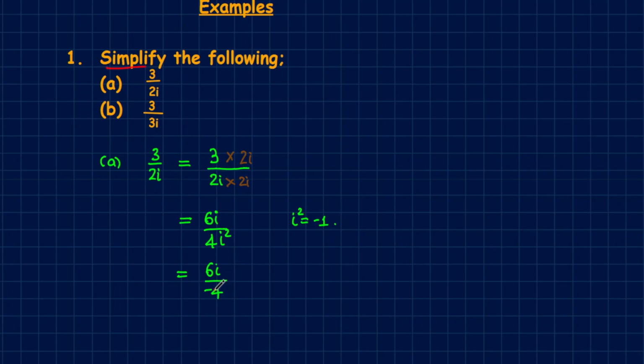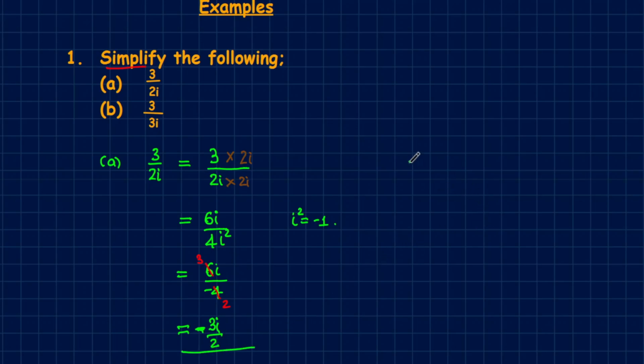By 2, we get -2, and 6 by 2, we get 3. So finally, the result of realizing this is going to be 3i over 2, and I can bring the negative in front here. That is the answer for this question.